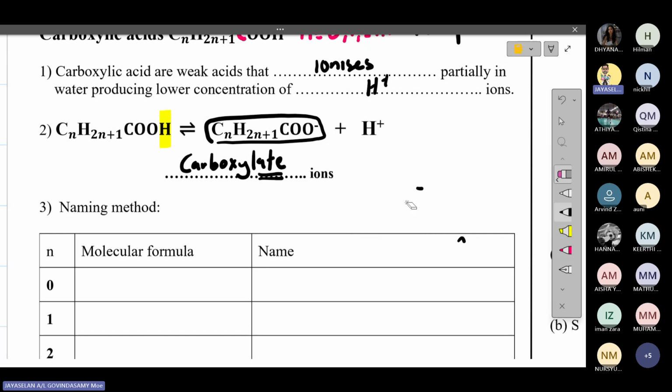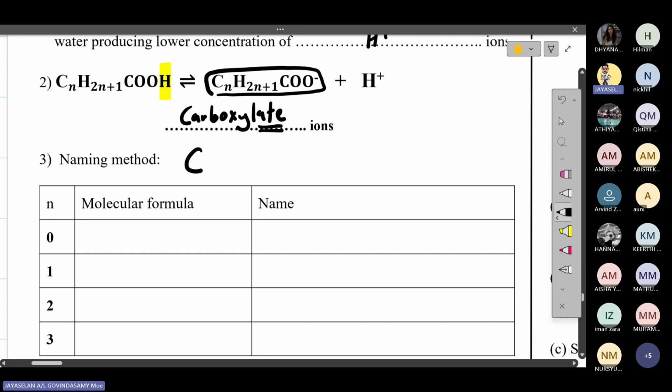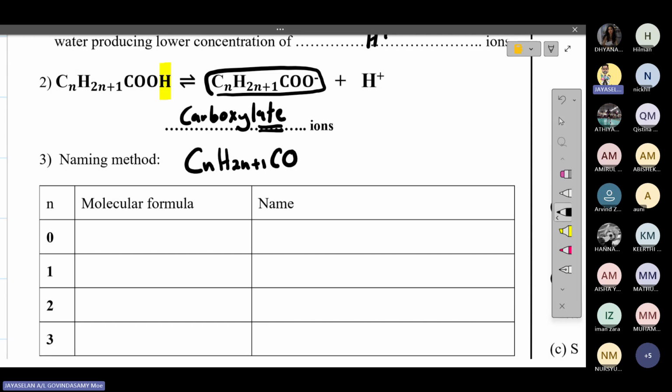So what you guys do here, you write down the molecular formula and name. Before you do, you write down the general formula, CnH2n plus 1 COOH. Apply n equals 0, this will be 0 times 0, which is 0. So you try to get the molecular formula.